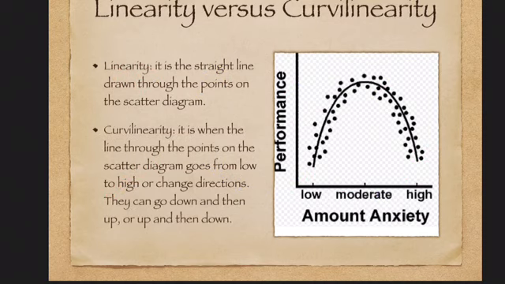The first one is the straight line drawn through the points on the scatter diagram, like the previous examples. Curvilinearity, as you can see on the right picture, is when the line through the points on the scatter diagram goes from low to high or changes directions. They can go down and then up, or up and then down.